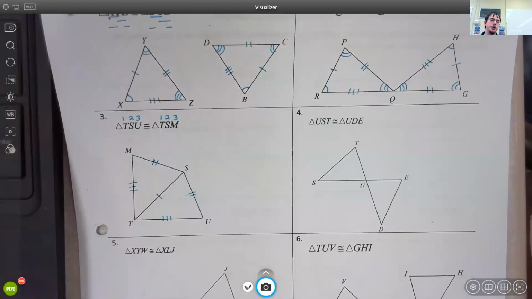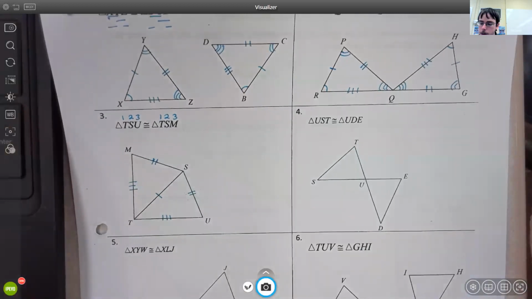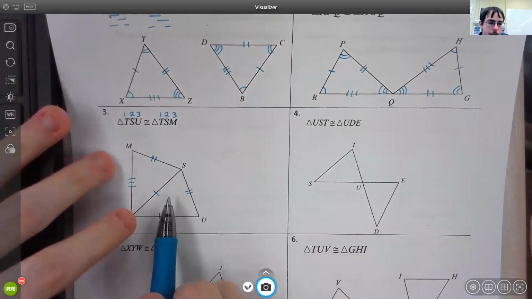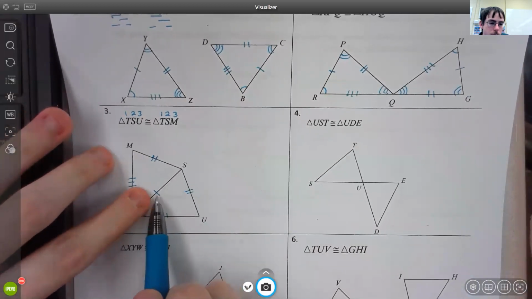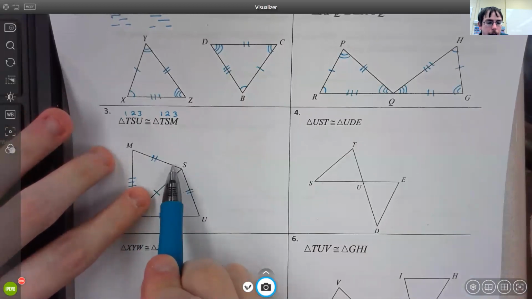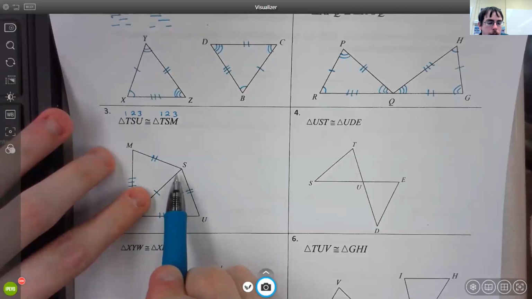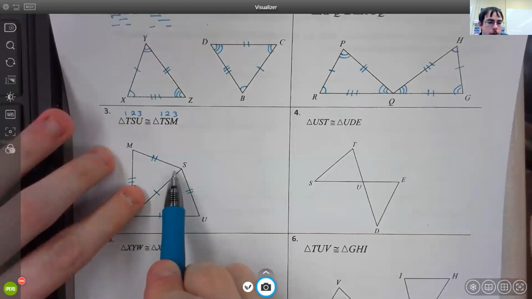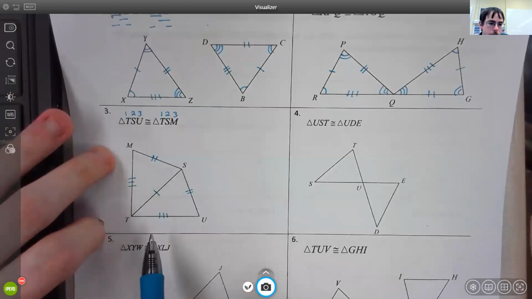Now, if you're struggling with determining which angles to mark congruent, look at your sides. Do you notice here how this has 1 mark, this has 2, this has 2? That means that the angles between here have to be congruent, okay?